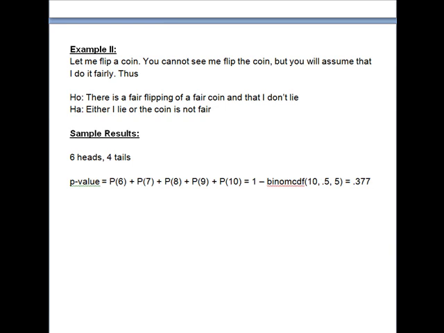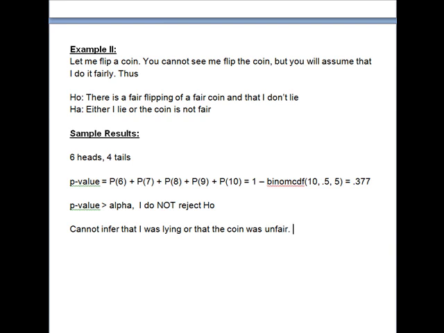So here, since the p-value is greater than alpha, I do not, and I capitalize NOT, reject H0. So I cannot infer that I was lying or that the coin was unfair.